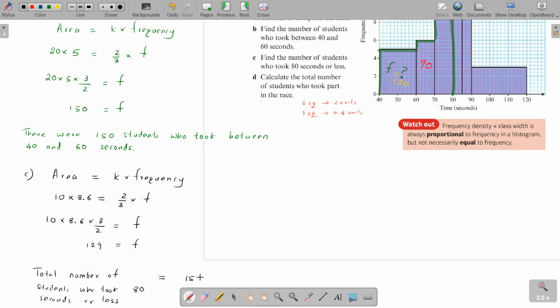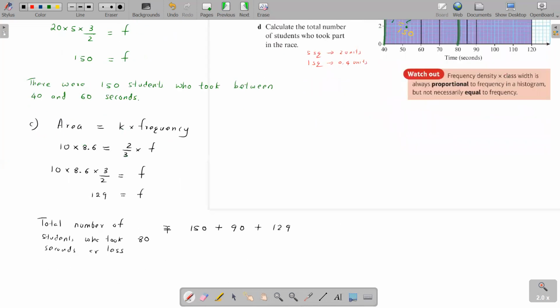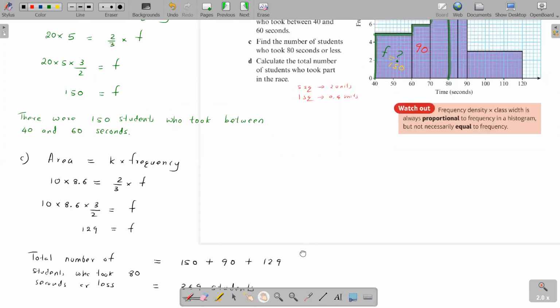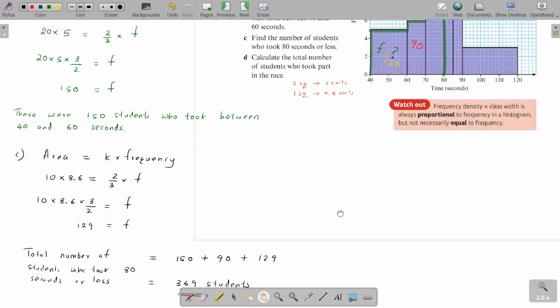The first bar has 150 students. The second bar has 90 students. The third bar has 129. Altogether, 369 students. So that's your answer for part C.